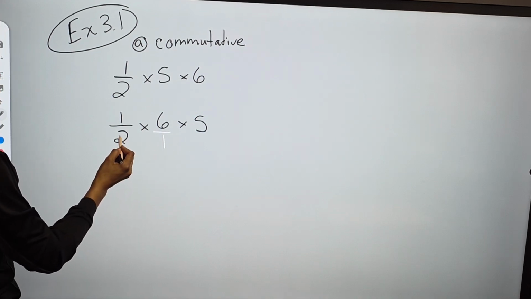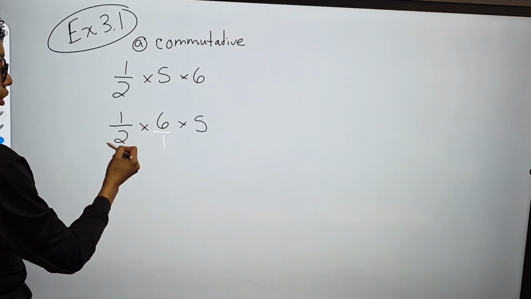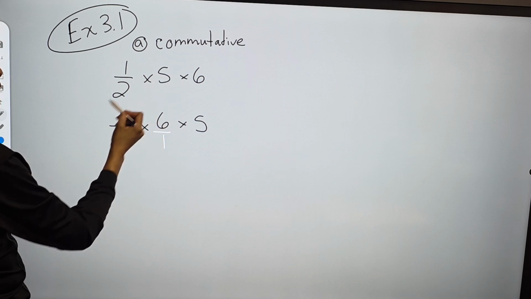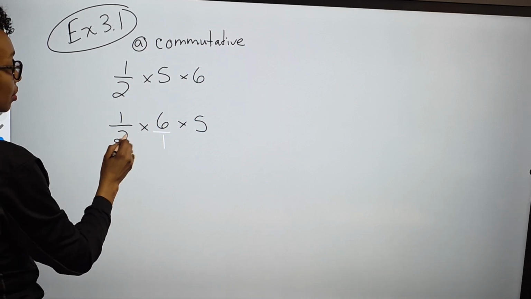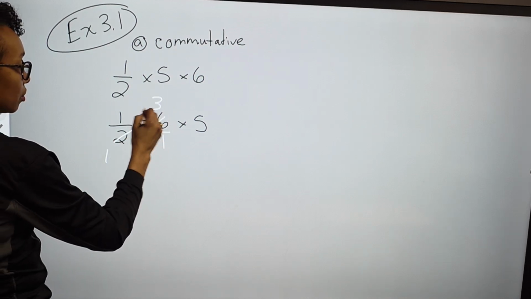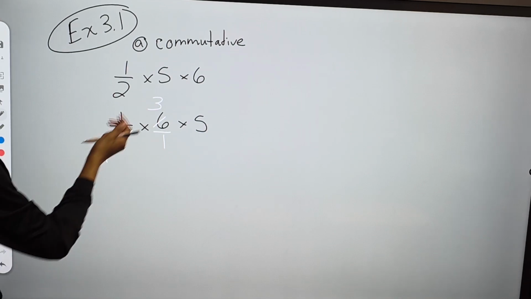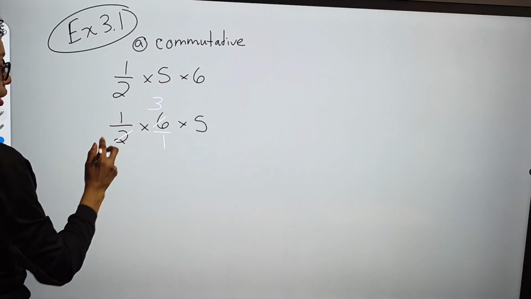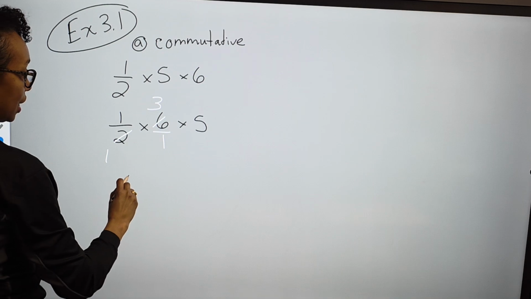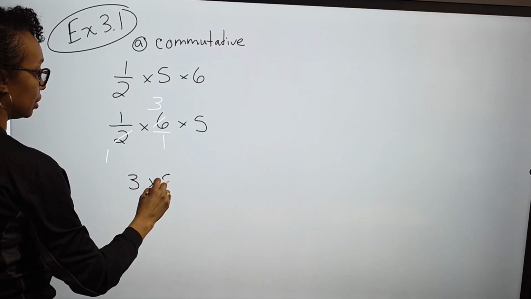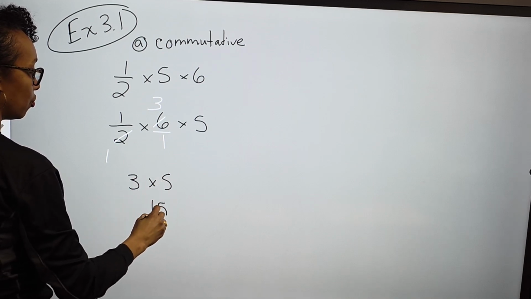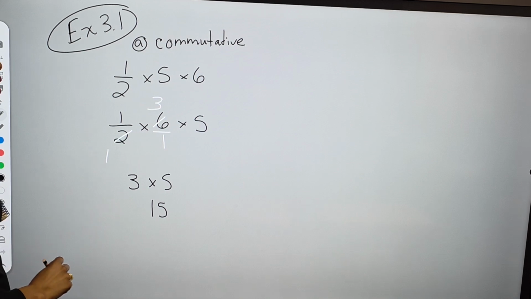I can cross cancel the 2 and the 6, which would not work with 2 and 5, right? So here, I'm able to change the order, so I can multiply by 6 first, and now I have 3 times 5 for an answer of 15, okay?